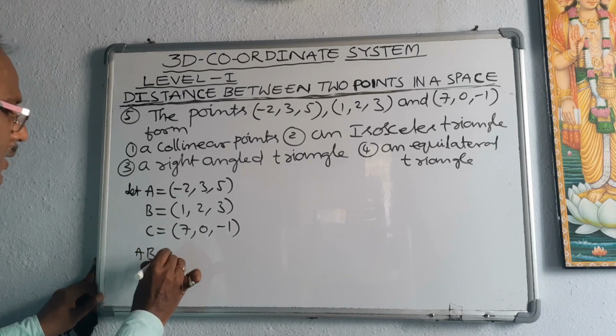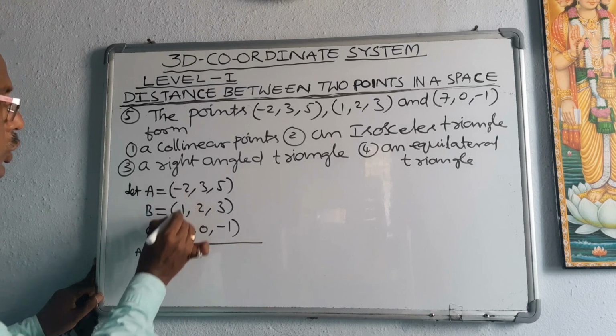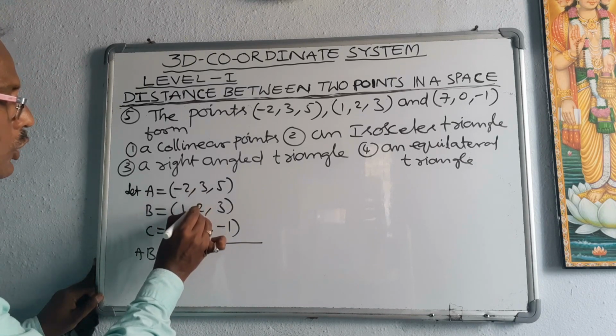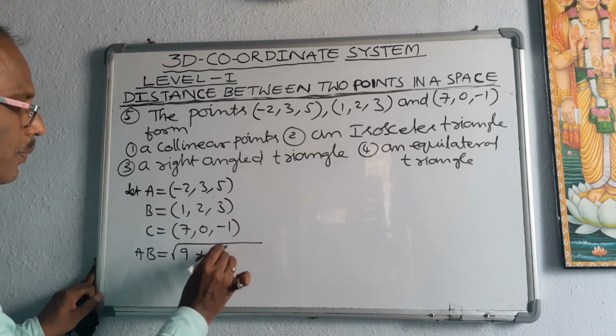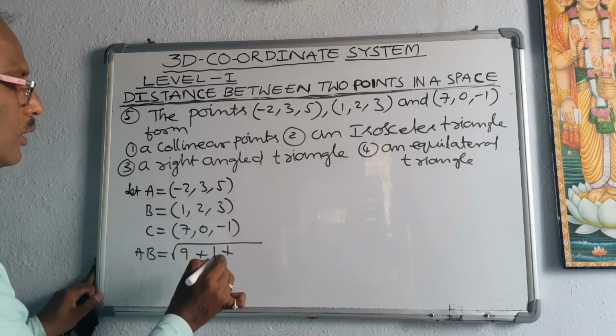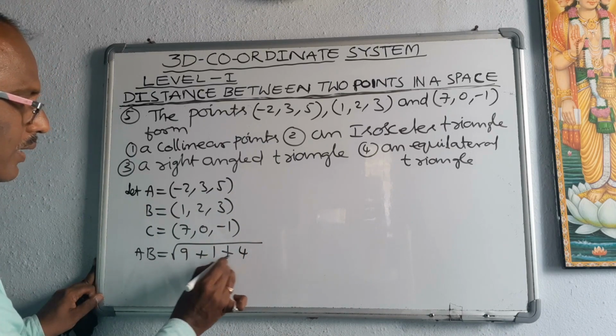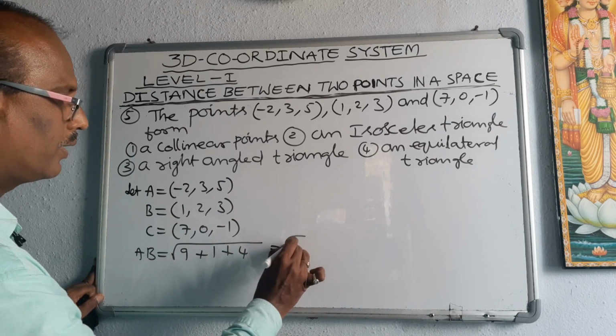To find the AB distance: square root of (minus 2 minus 1) minus 3 whole square, 9, plus (3 minus 2) 1, square 1, plus (5 minus 3) 2, square 4. 9 plus 1 is 10, 10 plus 4 is 14, root 14.